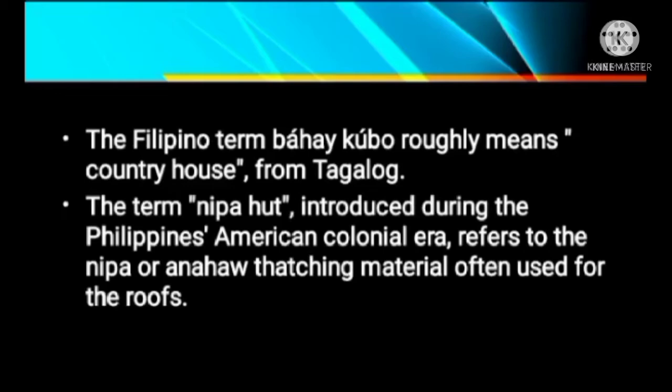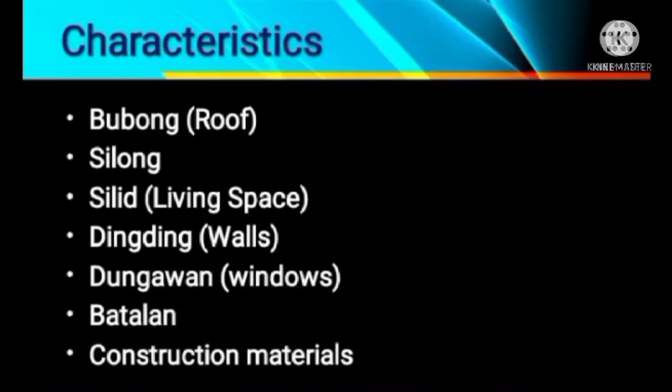However, not all bahay kubo use nipa materials. And these are the characteristics of bahay kubo: we have bubong or roof, silong, silid or living space, dingding or wall, dungawan or windows, batalan, and construction material.